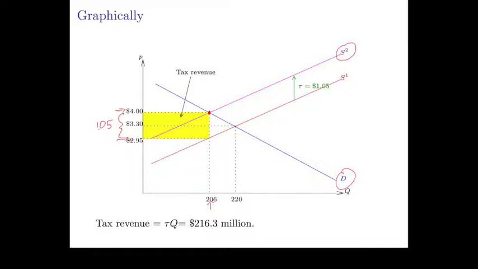So for every unit that's sold, the government collects $1.05, and there are 206 million units sold. So the total amount that the government collects is $1.05 times 206 million, which is $216.3 million.